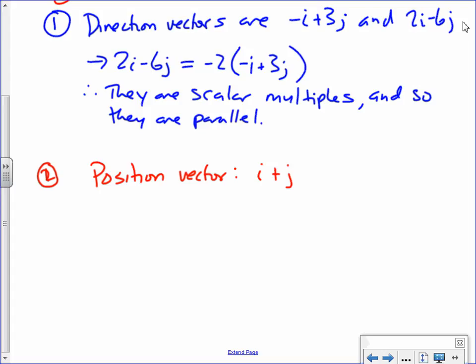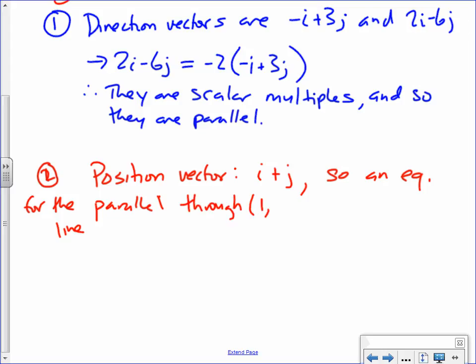Do you want the lambda or the mu? Let's do lambda, okay? So an equation for the line parallel through 1, 1 is, just pick one of the equations.